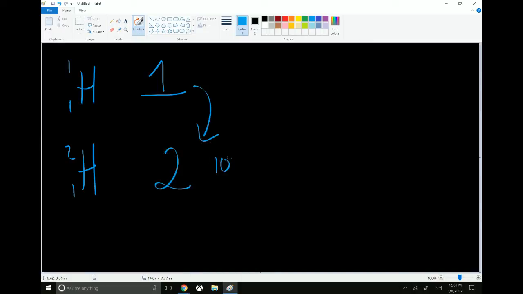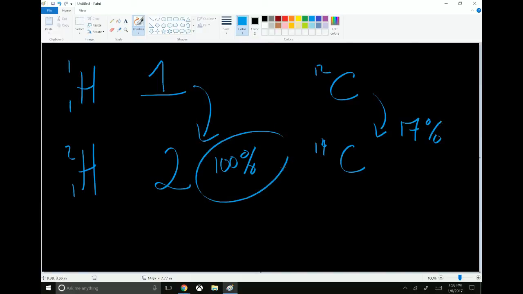That's a change of 100%. Okay, it's doubled its mass. Whereas if you look at carbon-12 versus carbon-14, that's a change of 17%. So it's not nothing, okay, but it's not as hugely significant. And the heavier the elements get, the less significant that gets.